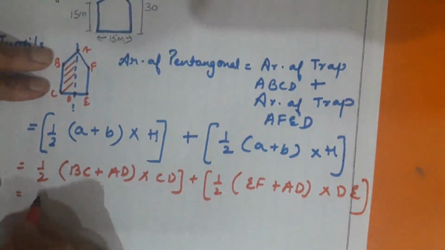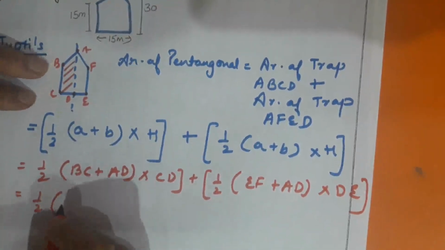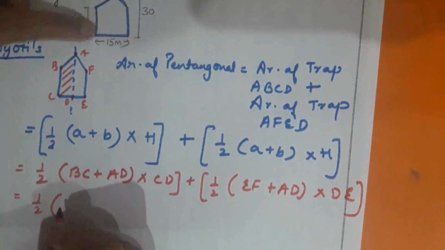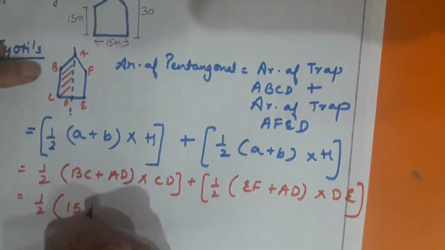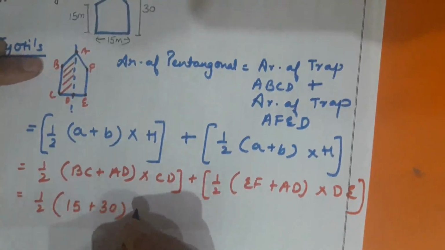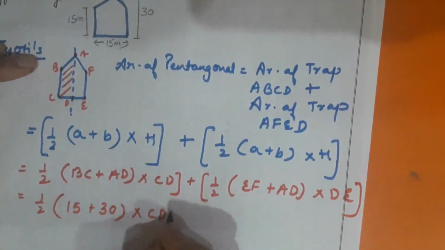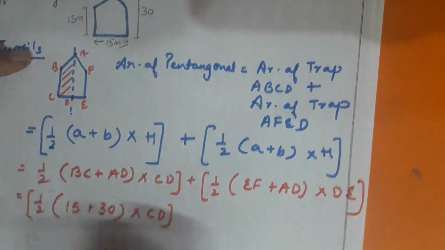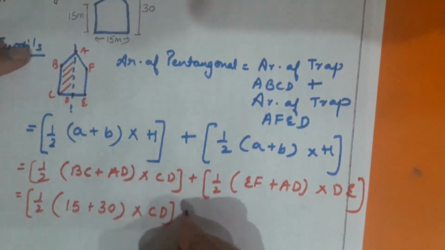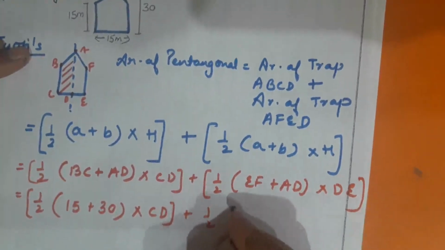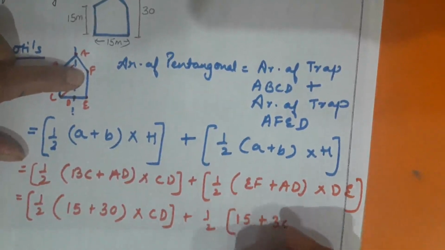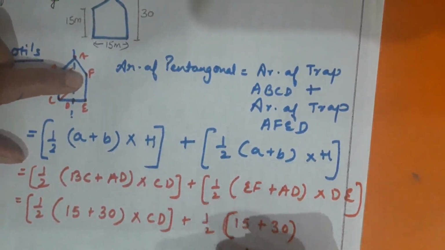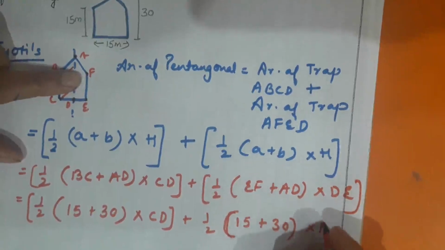So half, BC is 15. If you are able to see this diagram, AD will be 30. We don't know CD, so I'm keeping CD as it is, plus half, EF is 15, plus 30 into DE.